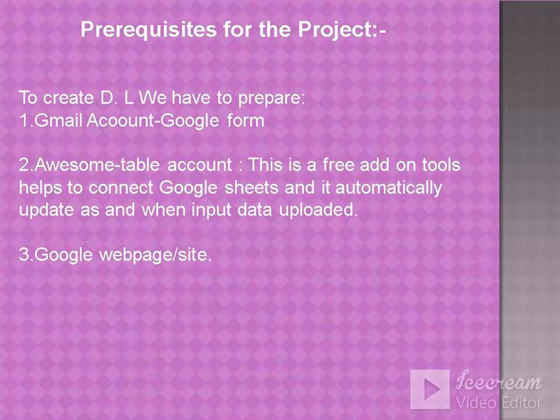Second, we have to create our account in Awesome Table. This is a free add-on tool that helps to connect Google Sheets and automatically updates as and when input data is uploaded. Third, a Google web page or site.